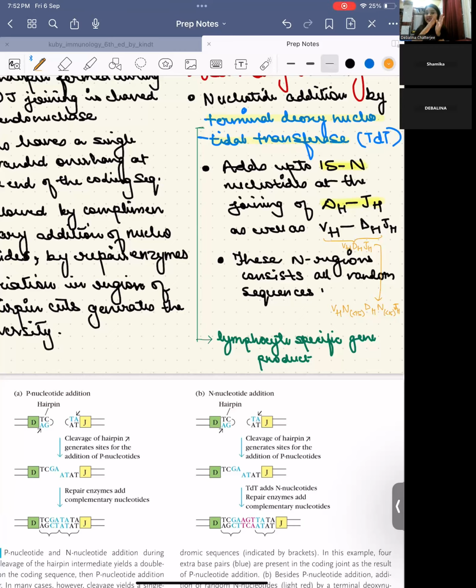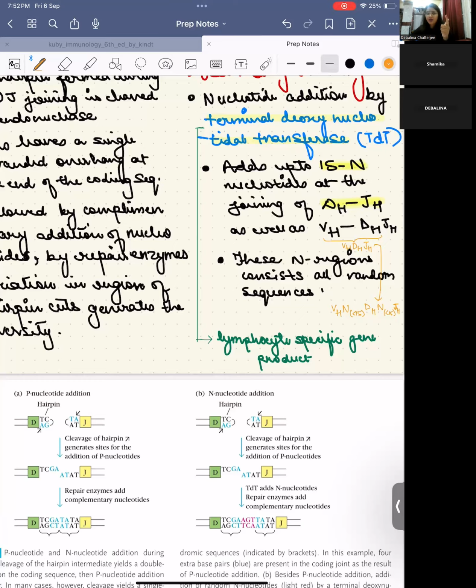So we have the VDJ, which is fixed, but we still have all the constant region, different isotypes possible. All the C mu, C delta, C gamma, everything is already present. It's just the VDJ combination that is fixed. The B cell first produces IgM and IgD with a particular make of VDJ.